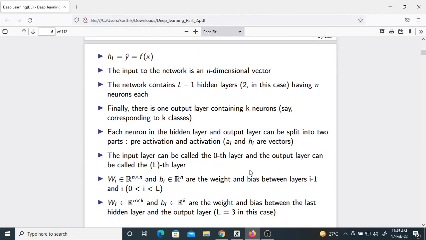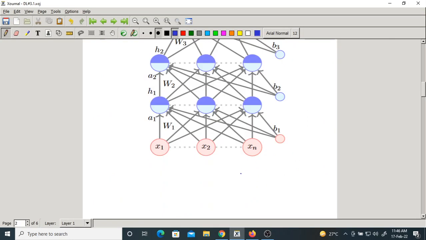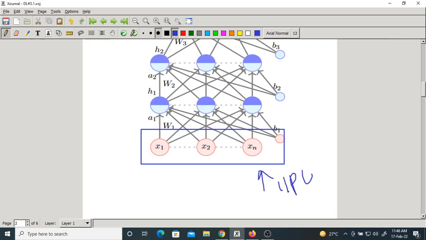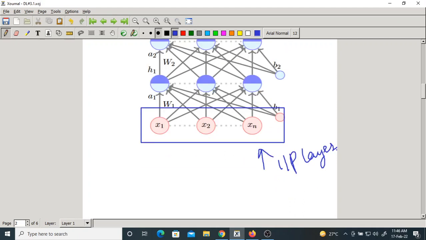Now, the input to the network is an n-dimensional vector, right? So let us come here. The input to the network is this. What is this? The input layer. How many inputs do we have? x1, x2, and so on, xn. It is an n-dimensional vector.